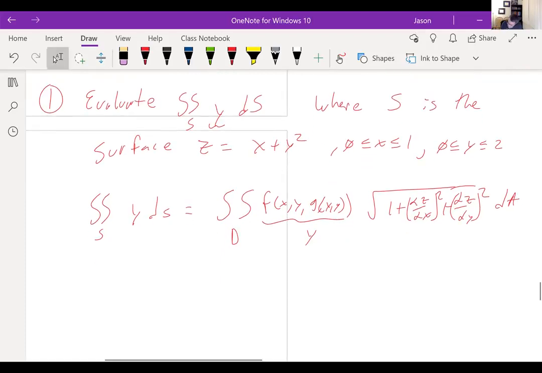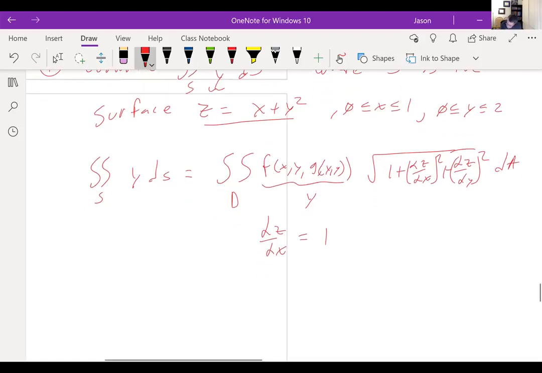Okay, so now let's see what we got here. That's the surface I'm looking over. What is dz/dx? Well, it's just 1. And dz/dy is just 2y.